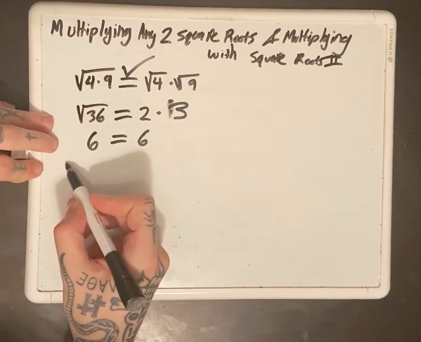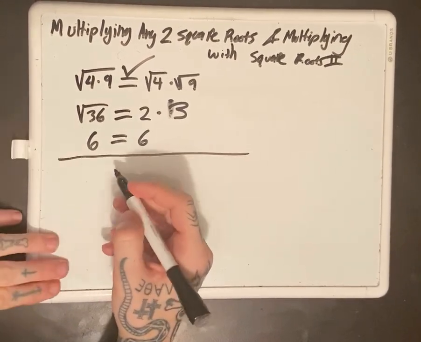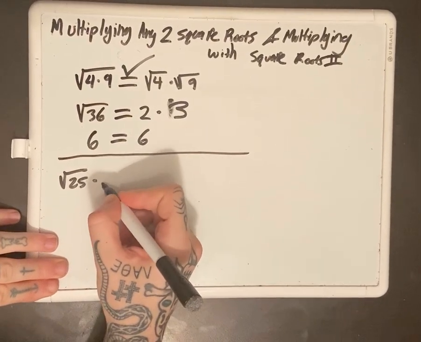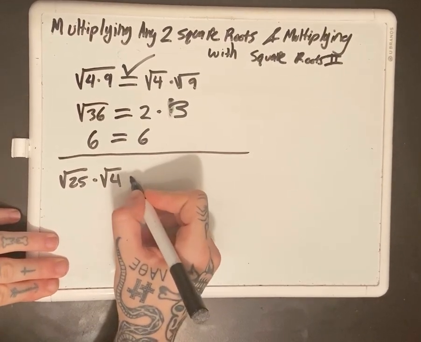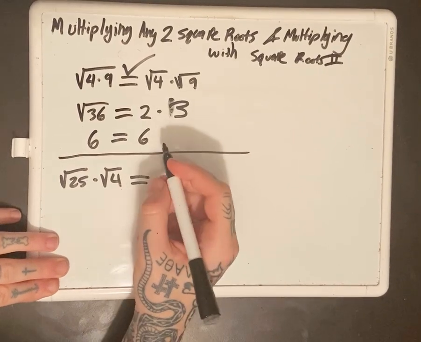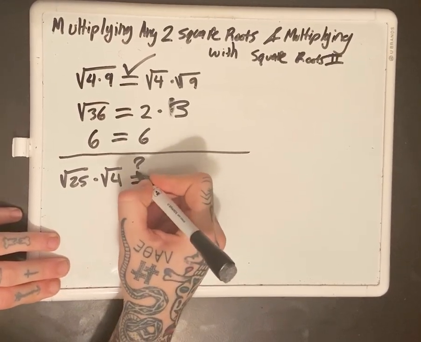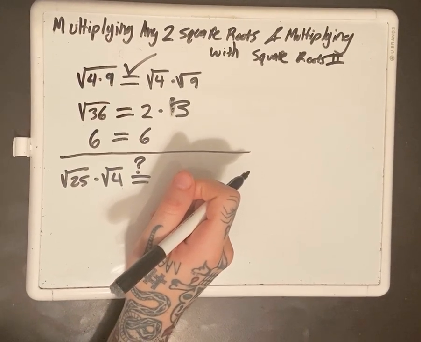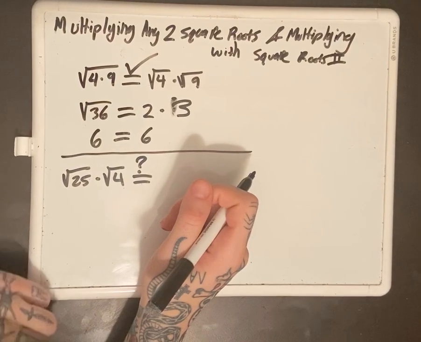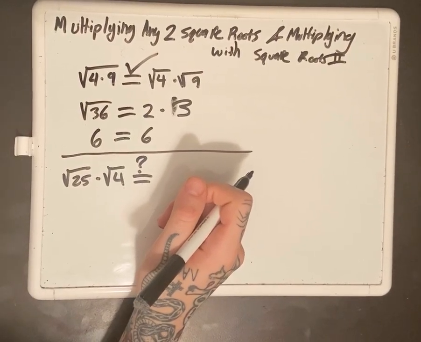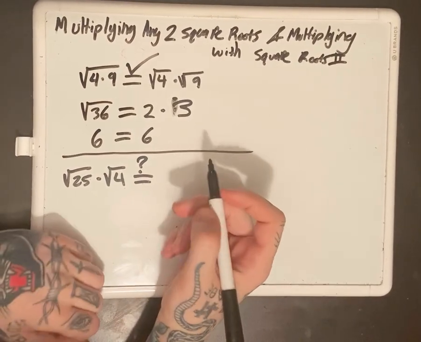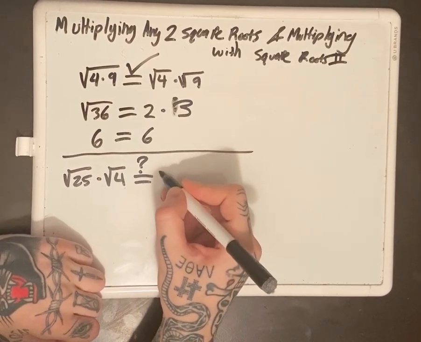Now we're going to look at another example. Square root of 25 times the square root of 4. So what would we write on the right side?